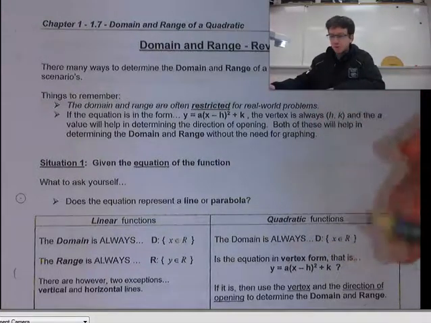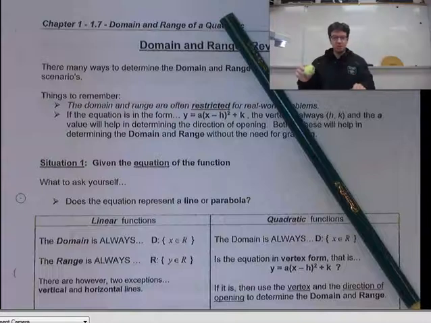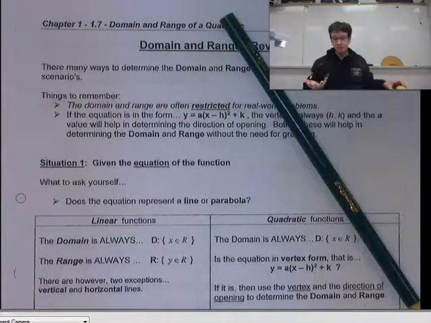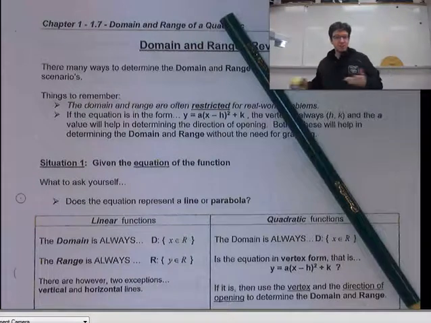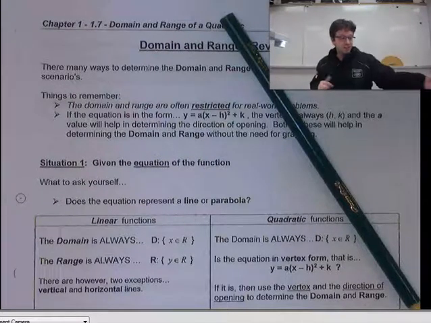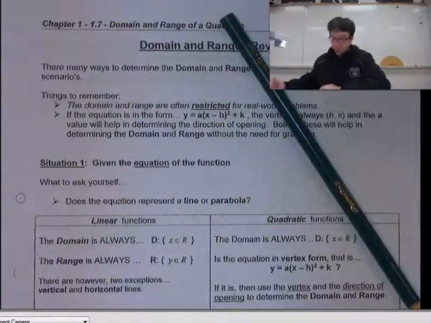But if you're doing a real world problem, say, throw a ball, the ball will make a parabola, which you can use a quadratic equation to express, right? But this obviously does not go on forever. It has a point where it starts and a point where it finishes. And so it wouldn't have a domain that exists everywhere. Same with range.